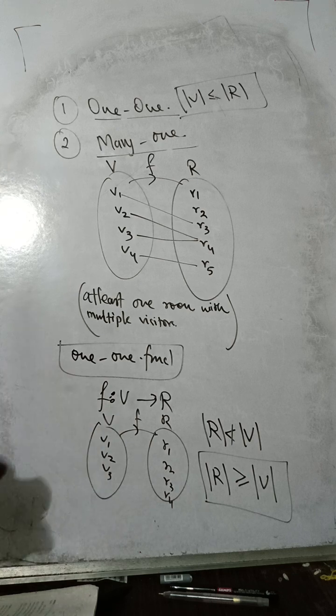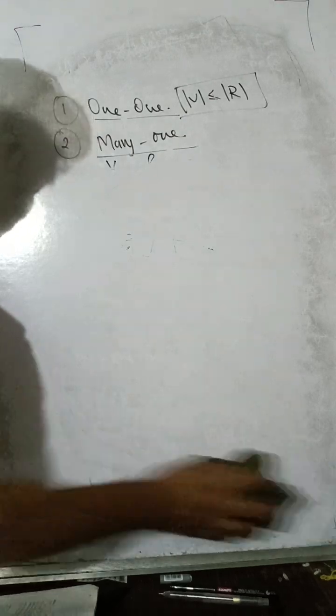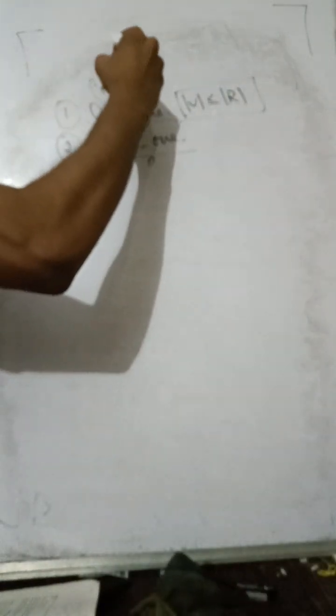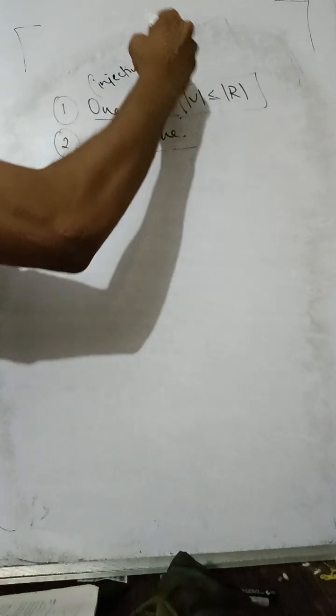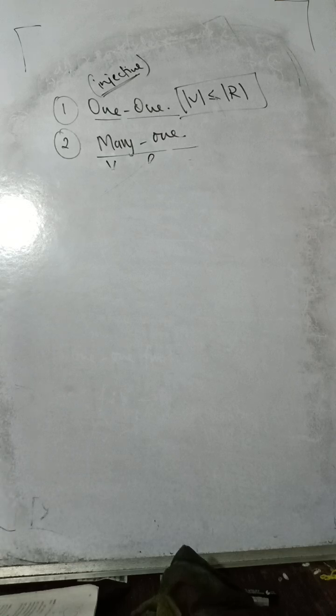Next idea that I would like to share is an onto function. Also, a one-one function is also called an injective function. It's just another name for a one-one function, fancily called injective. Why injective?